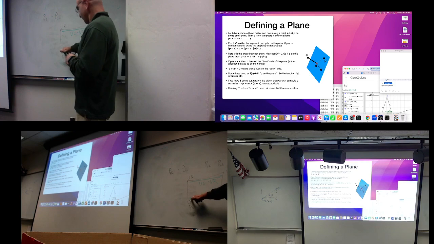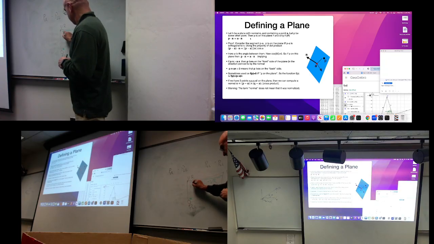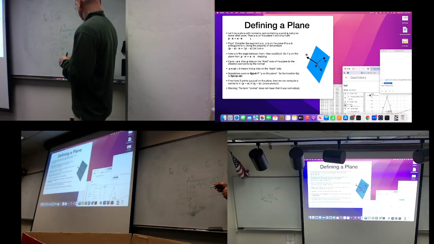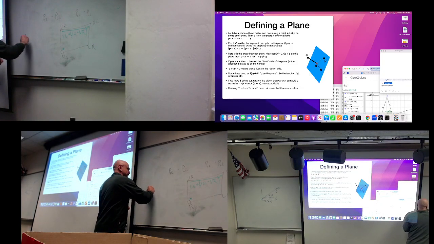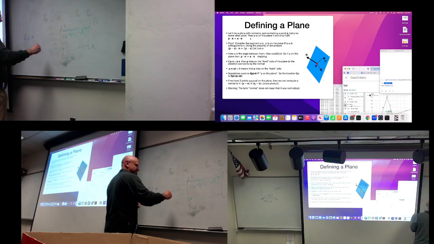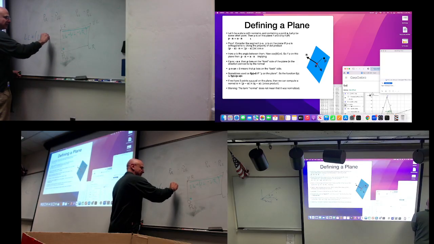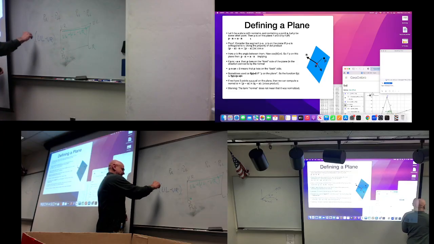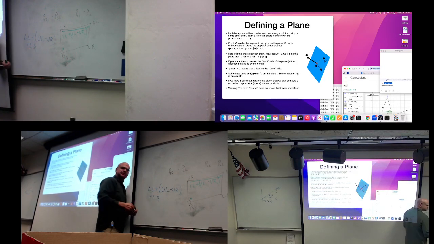Take this vector and start over here. So lower left plus upper left minus upper right is equal to lower right.